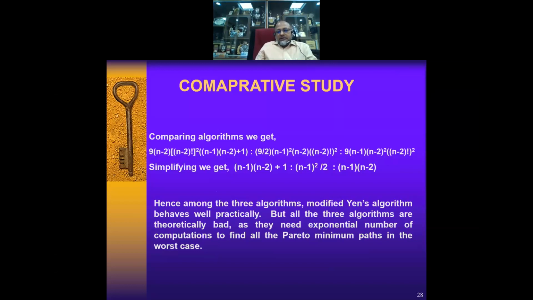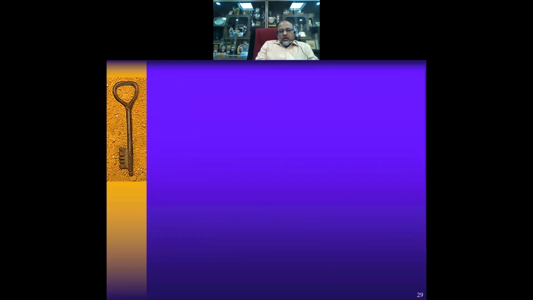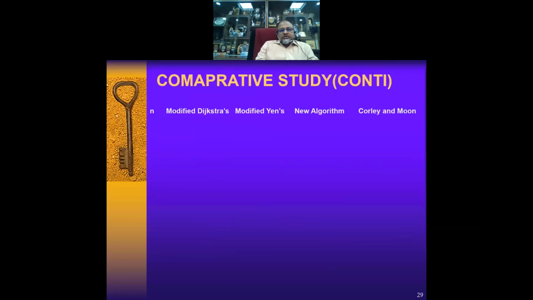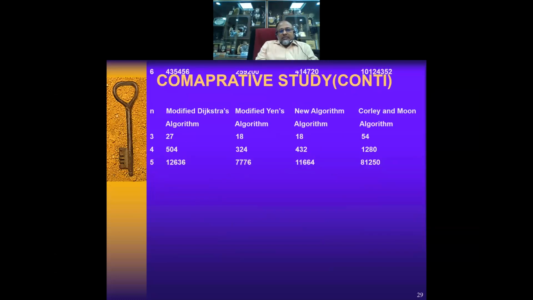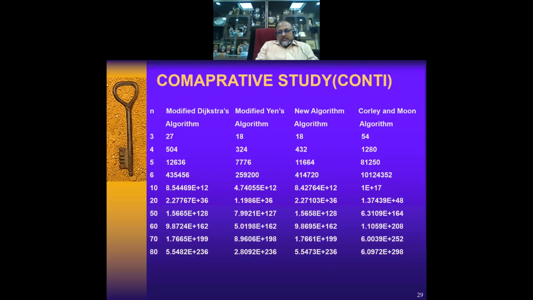What does it mean? For a problem with fewer than 20 nodes, the algorithm behaves well. If the number of nodes is more than 50 or 60, the algorithm will not work well. So this is the comparative study. It is not very important. It is only an empirical analysis.